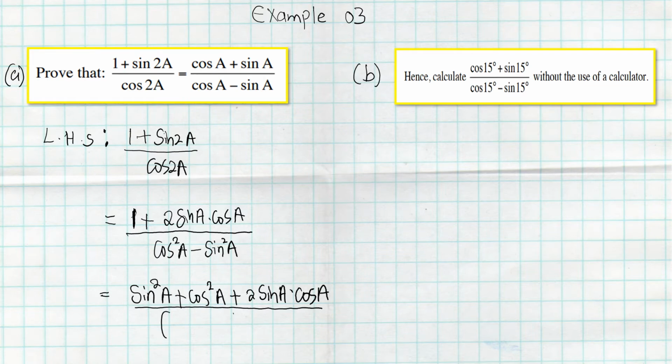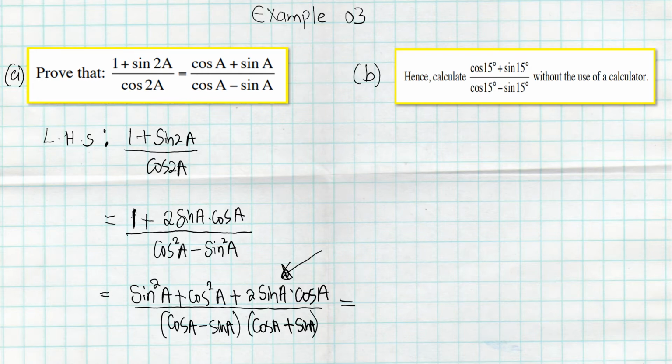Which I can factorize, right, into cos a minus sine a, and this side cos a plus sine a. Don't forget. Okay. So now look at this expression that you have on the numerator there. Okay, look at it on the numerator. It's some sort of a quadratic expression that can be factorized, right?